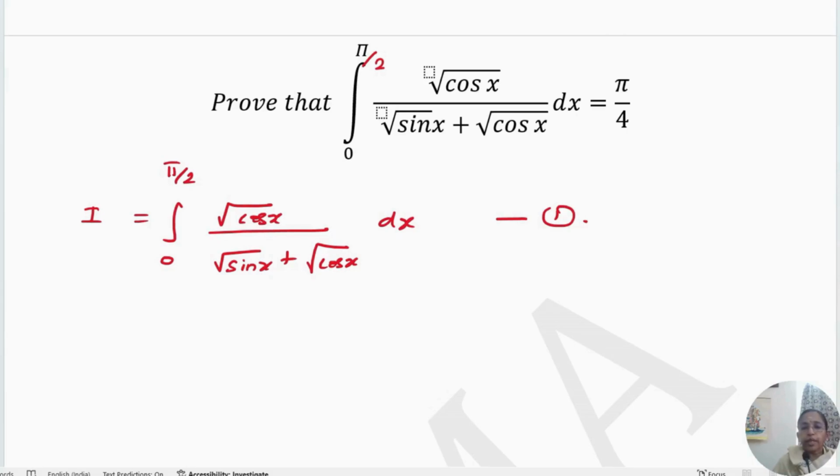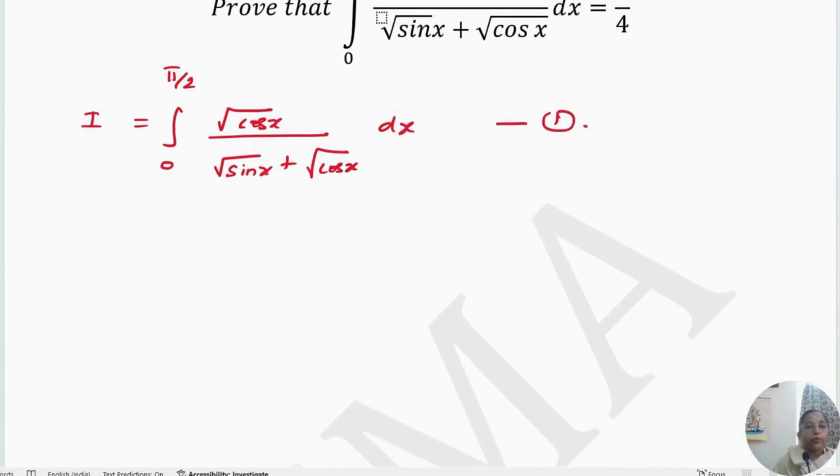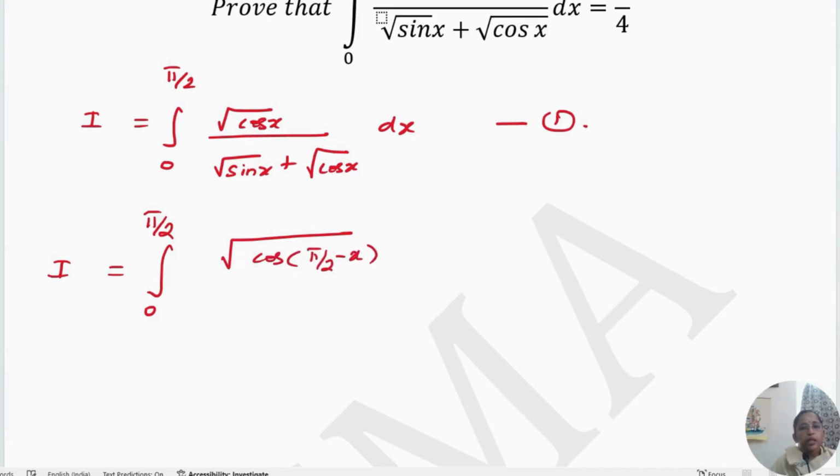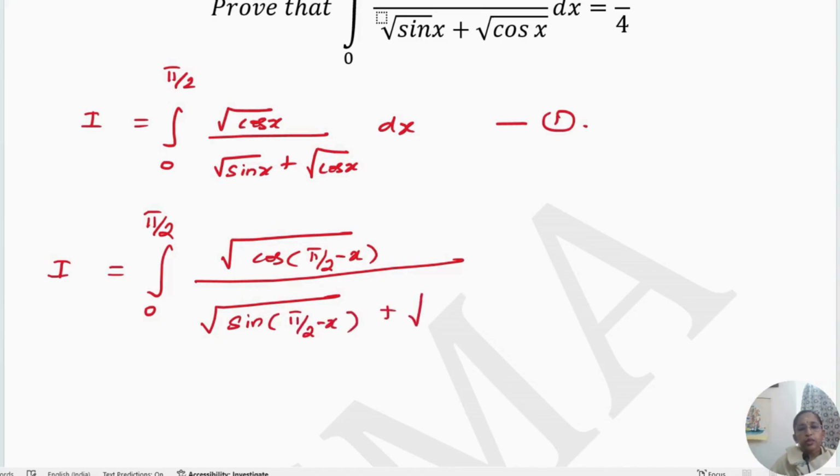Now using our property, integration f of x, upper limit plus lower limit minus x will replace your x. So now this will be pi by 2 plus 0 minus x. So our integration is 0 to pi by 2 of root of cos of (pi by 2 minus x) divided by, similarly in the denominator also, root of sine of (pi by 2 minus x) plus root of cos of (pi by 2 minus x) dx.